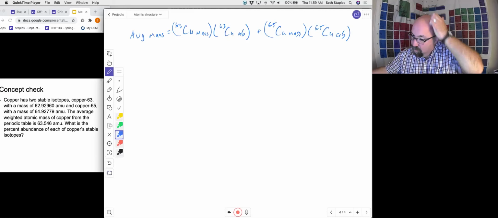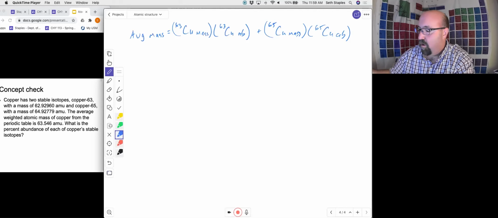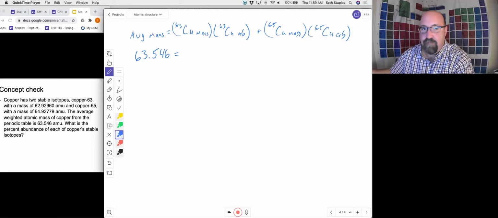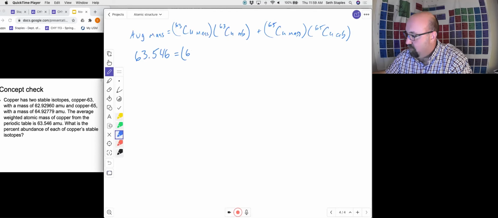And so let's start putting in some of the numbers here that we know. From the periodic table, we know that copper does have an average mass of 63.546. And from the information given in our problem, we know that copper 63 has a mass of 62.92960.